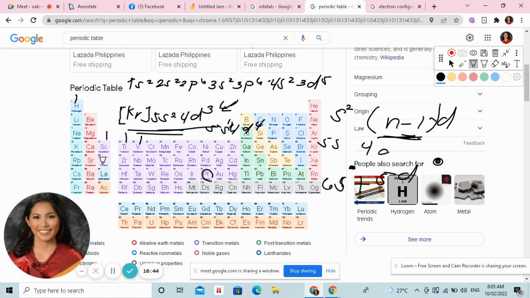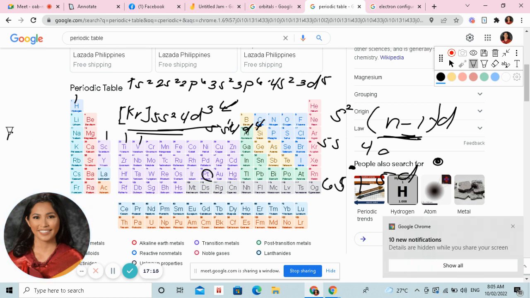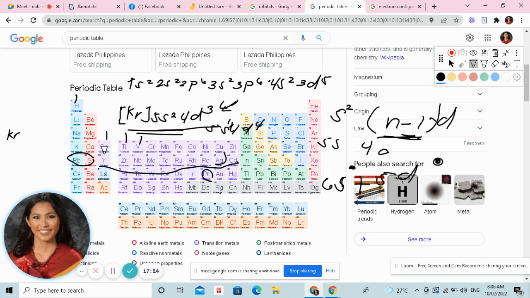Then for d orbital, we have 1, 2, 3, 4, 5, 6, 7, 8, 9. Okay, so how many valence electrons for Ag? 11, ma'am. Okay, we have 11. So 2 here plus in the d orbital we have 9, so that is 11.